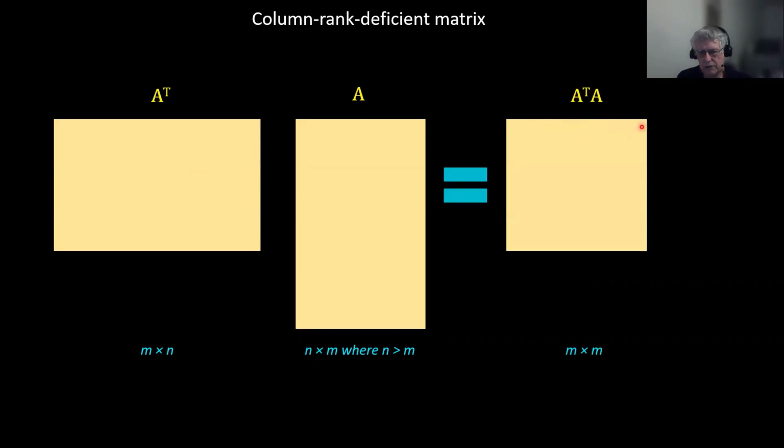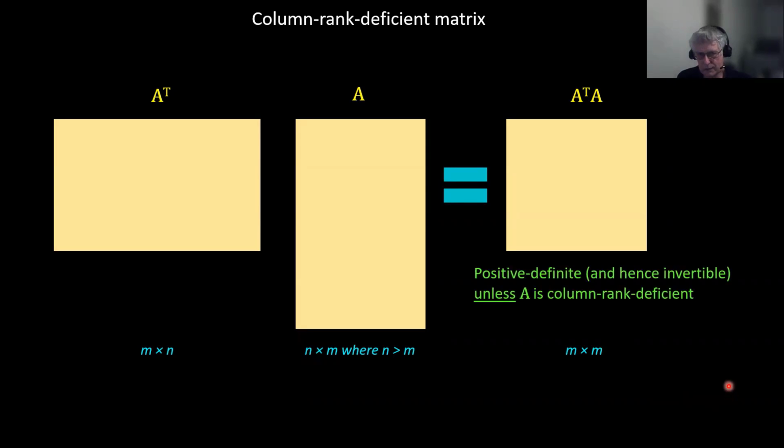I get a nice square matrix with the same number of rows and columns as the original number of columns of A. It can be shown that as long as A here is not column rank deficient, A^T A is one of these matrices that is positive definite. This is huge when it comes to parameter estimation.